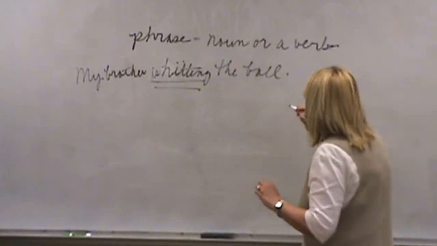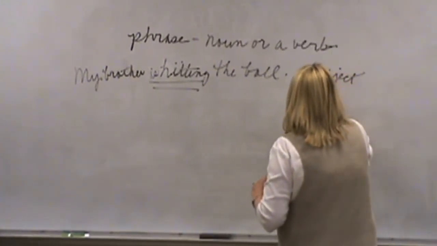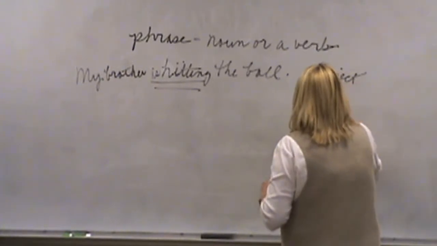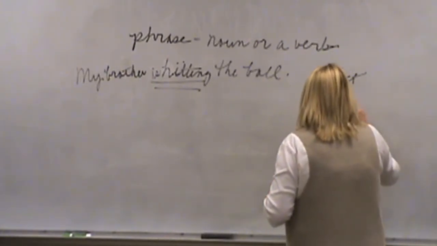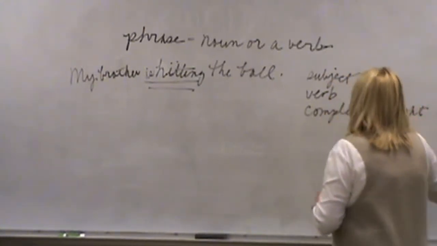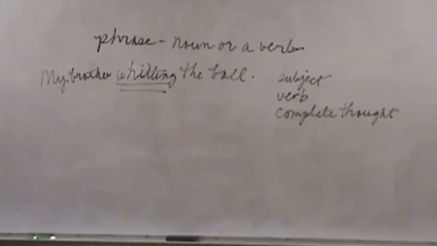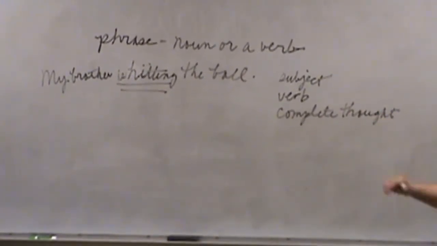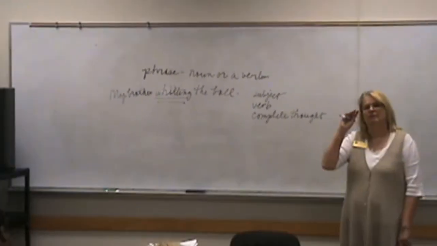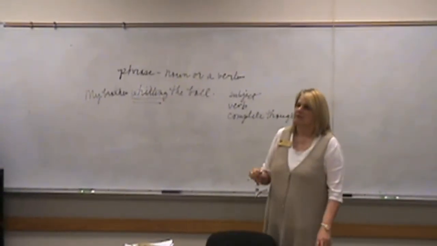And the reason we have a sentence is that we have a subject, we have a verb, and we have a complete thought. If you have a fragment, one or more of those three components is not there. You must have these three things in order to have a complete sentence.